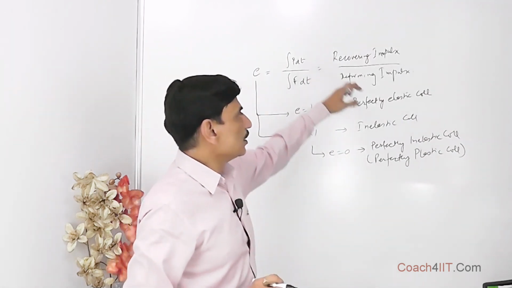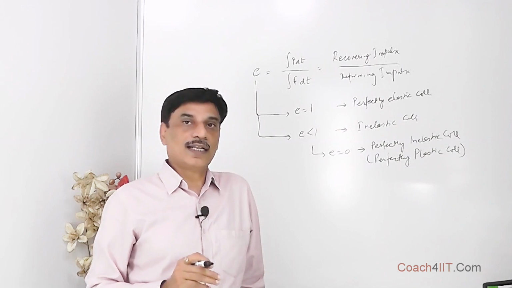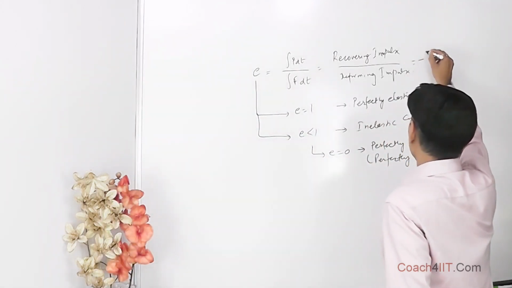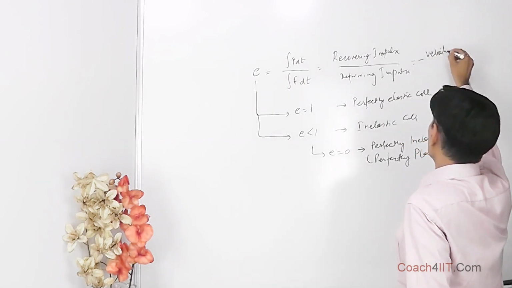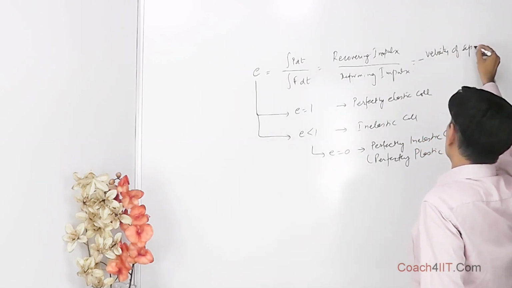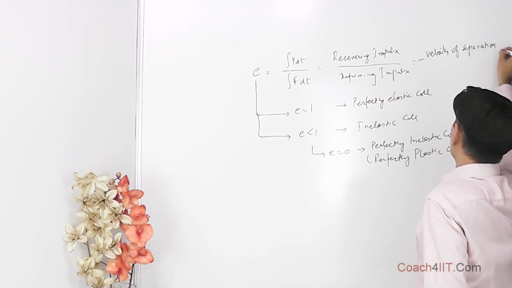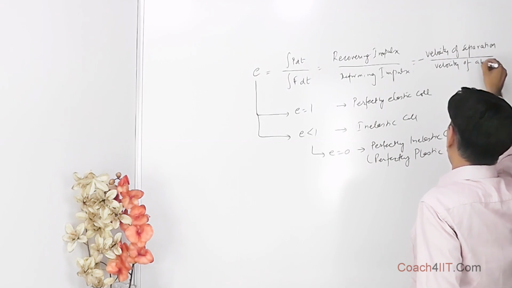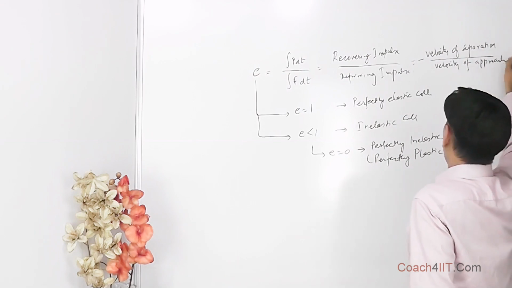When the derivation of this is done, which is not under the purview of our course, e comes out to be minus velocity of separation over velocity of approach.